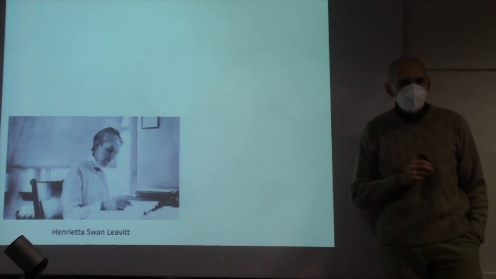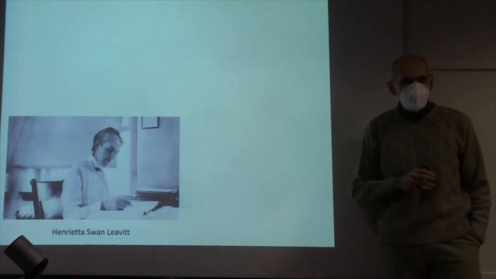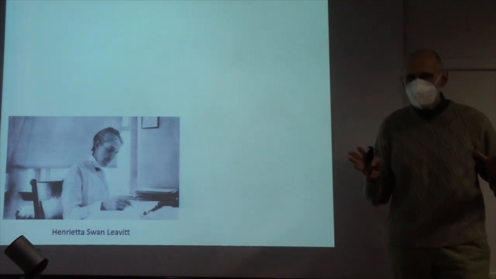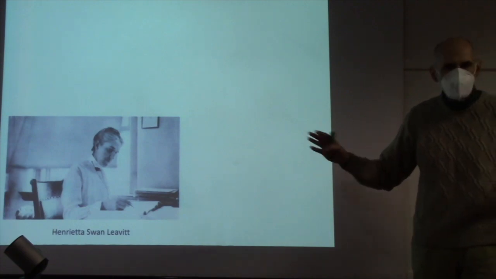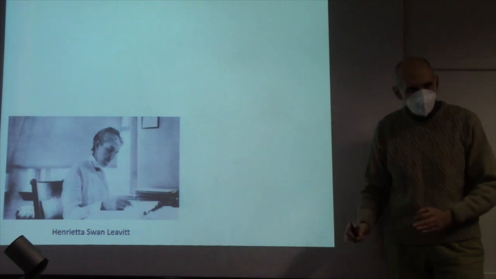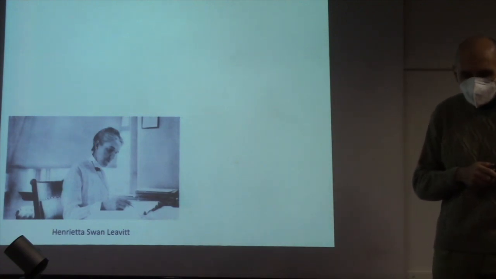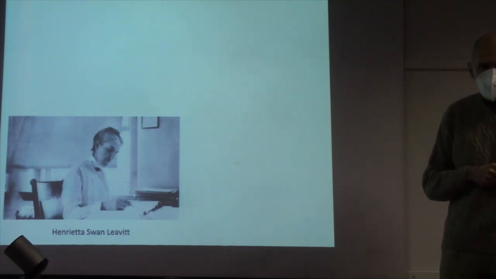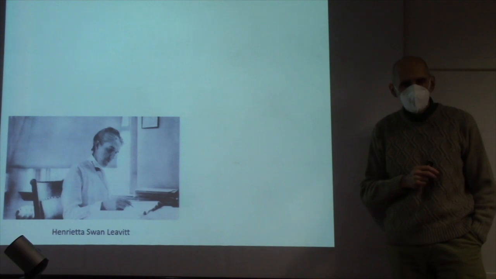What are variable stars? Stars whose luminosity changes with time. Now there are two main kinds of variable stars. The ones that vary casually and the ones that vary very, very regularly. Those ones are called Cepheids because the first ones were identified in the constellation of Cepheus.